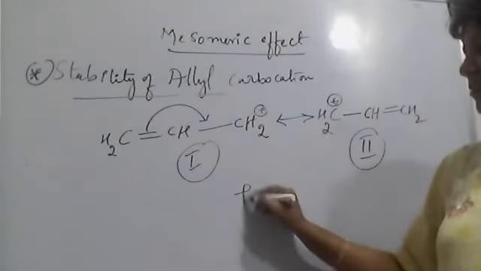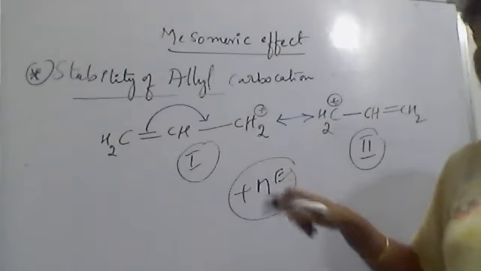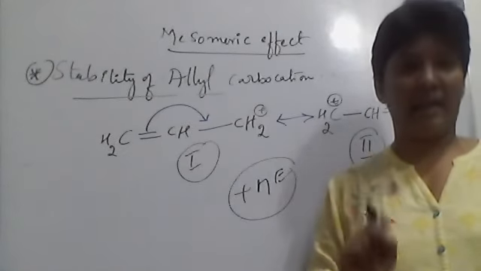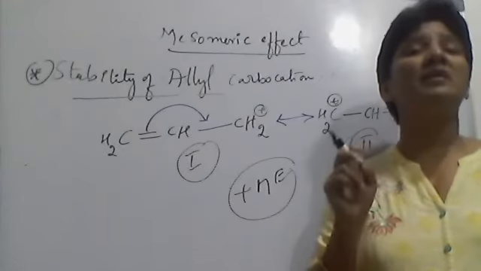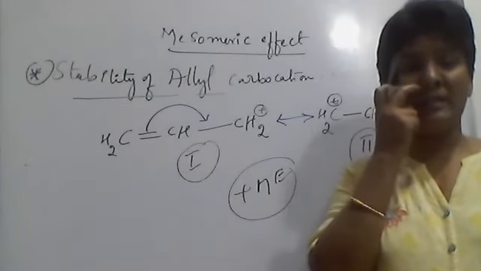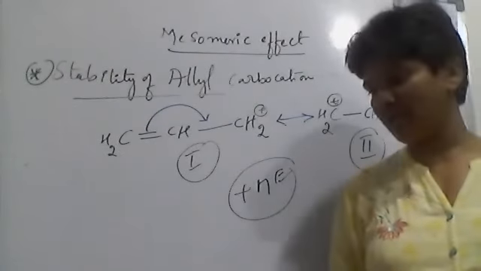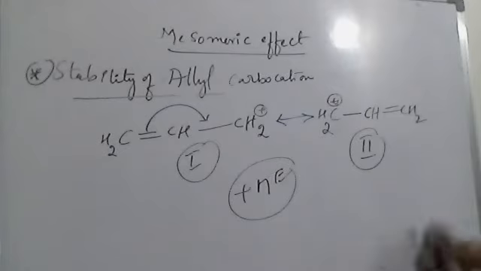So what is this effect? Plus mesomeric effect. So please remember that the stability of allyl carbocation or allyl free radical or benzyl carbocation or benzyl free radical is accompanied by plus mesomeric effect.